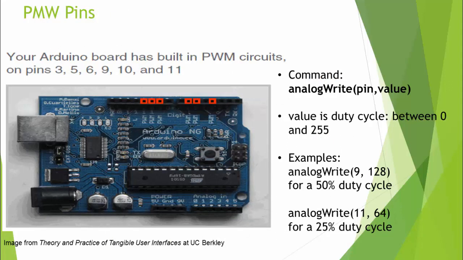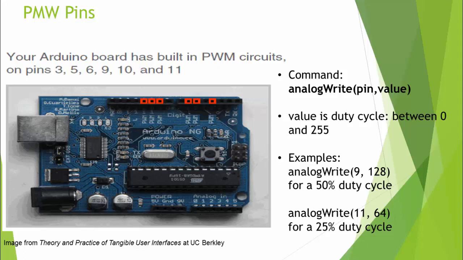Well, in fact, the Arduino board has built-in PWM circuits on certain pins, and those are labeled for us. So this means that for those pins, we can use a new command. Instead of simply telling the system that the pin is high, we use the analogWrite command, specify the pin, and then give it a value between 0 and 255.